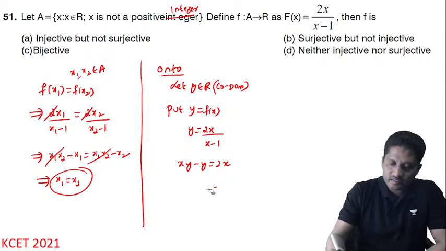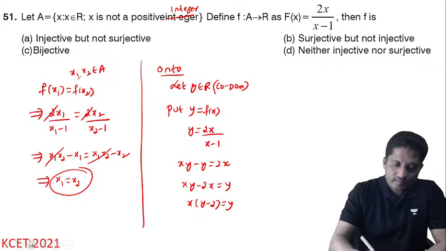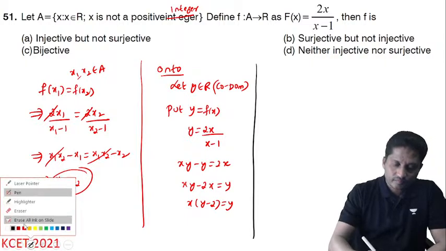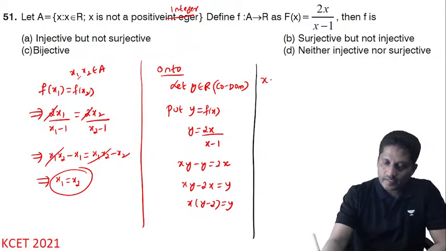Take x common: x into y minus 2 is equal to y, and from this x is equal to y divided by y minus 2.